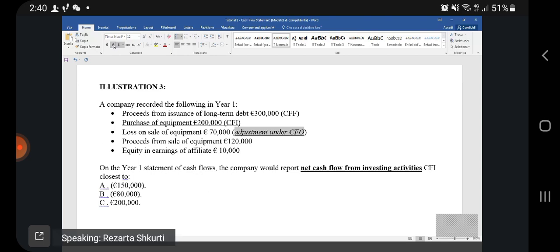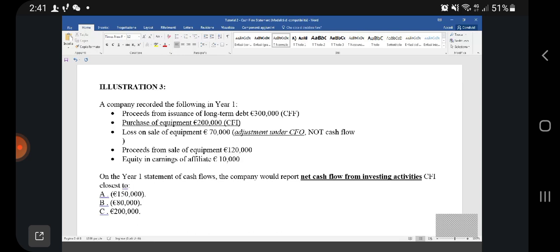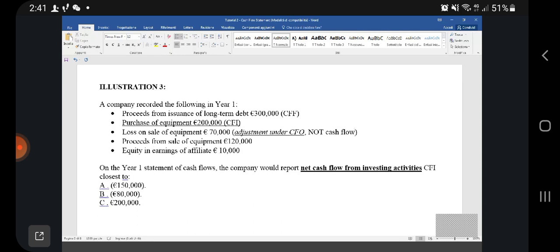It is an adjustment under the indirect method only. Please remember this. It's not a cash flow. Proceeds from sale of equipment. Proceeds. Do you understand this word? Okay. Yes, this is a cash flow from investing.